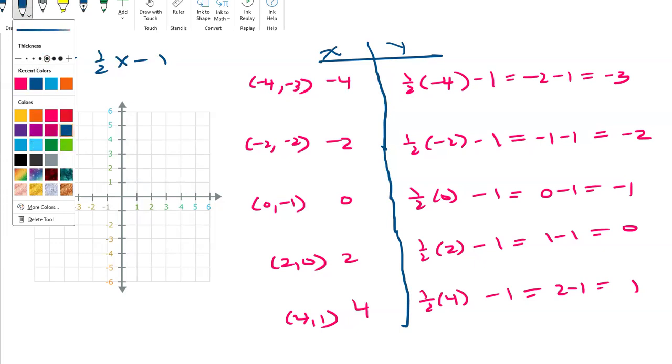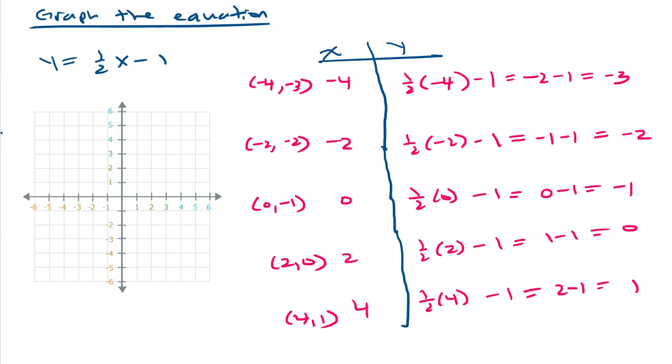Okay. So I have -4, -3. So here's my first point. Then we got -2, -2, which is right there. Then we have 0, -1. Then we have 2, 0. Then we have 4, 1.